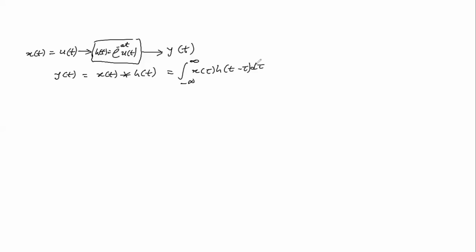Now, we can also represent this in this form: S of tau is the same as u of tau, while H of tau is the same as e to the power minus a tau, times u of tau, right? Is that clear?